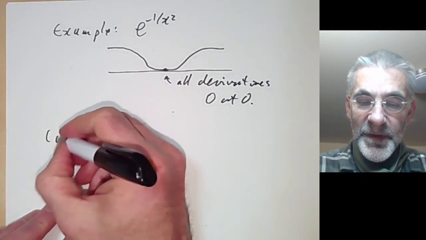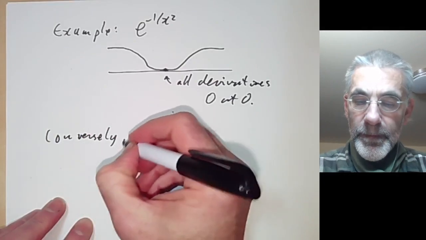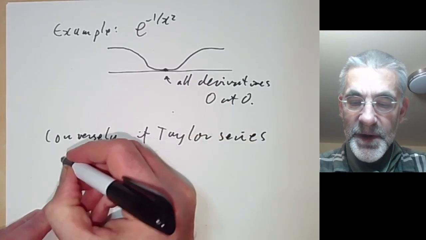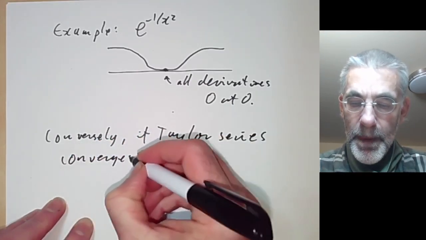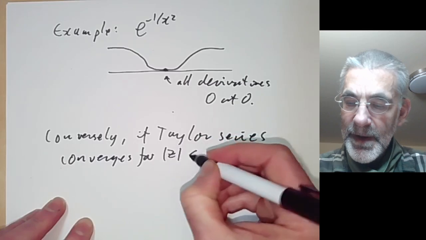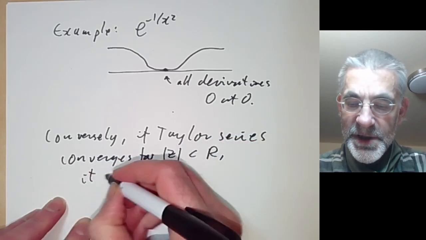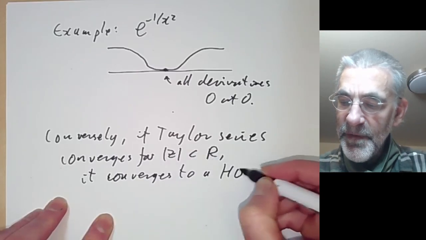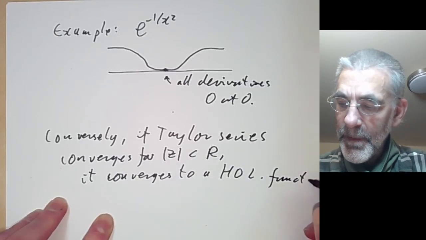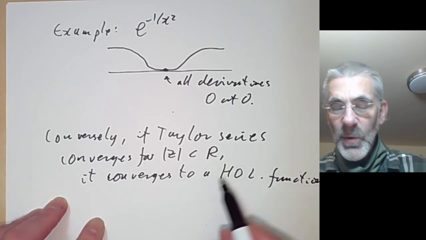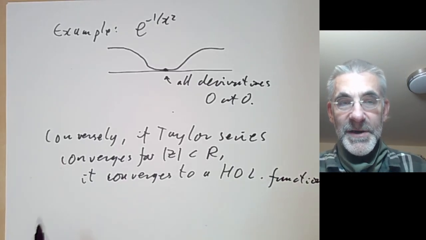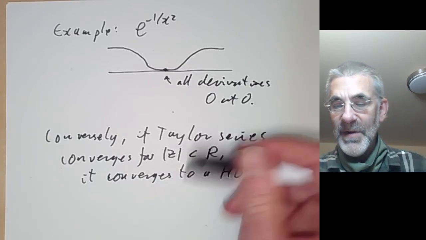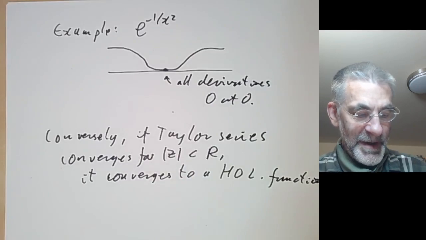I'd say conversely, if a Taylor series converges for |z| less than r, it converges to a holomorphic function. I won't prove this quite now because I was planning to do convergence of series of holomorphic functions in a few lectures' time, and it will be just easier to do all that in one place.